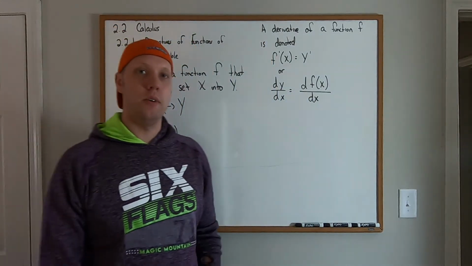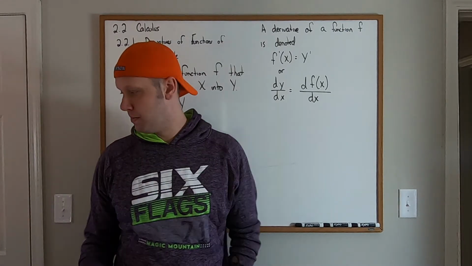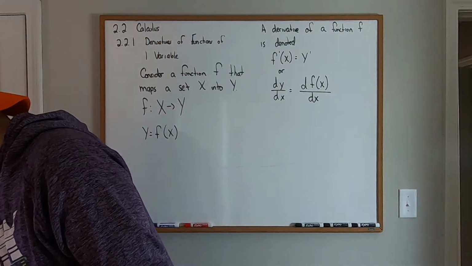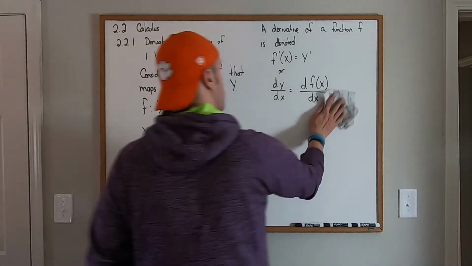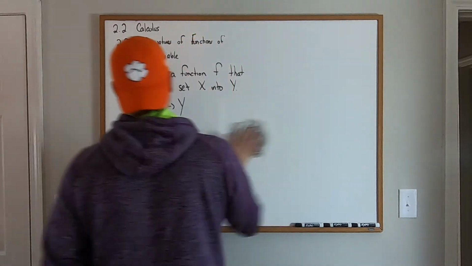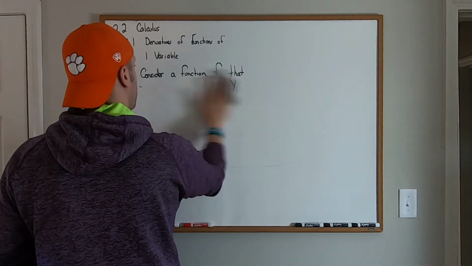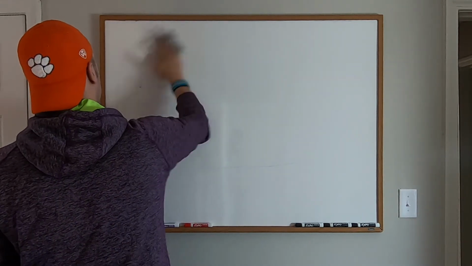And the derivative of a function gives us the rate of change of that function. Another way to think of the derivative giving the rate of change is to say that the derivative gives us the slope of a function.